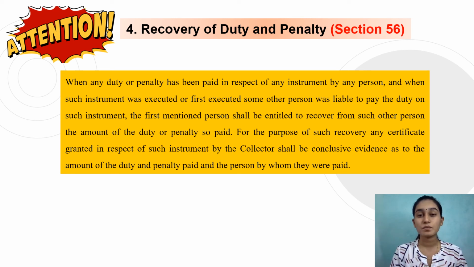Later, the collector will provide any certificate granted for the purpose of recovery in respect of such instrument. The certificate granted will be conclusive evidence as to the amount of the duty and penalty paid, and the person by whom they were paid.